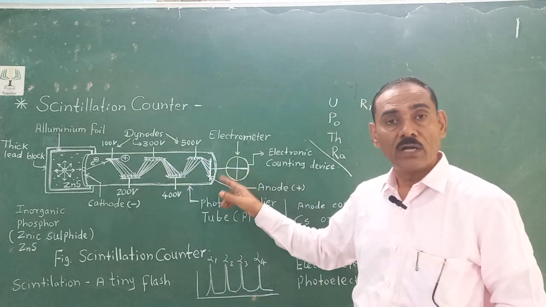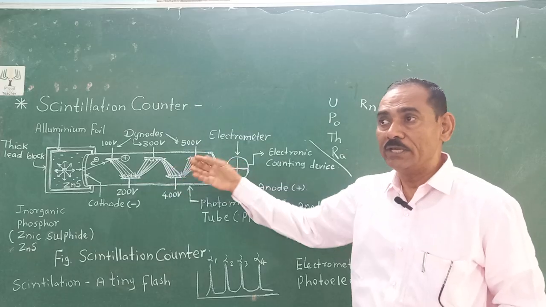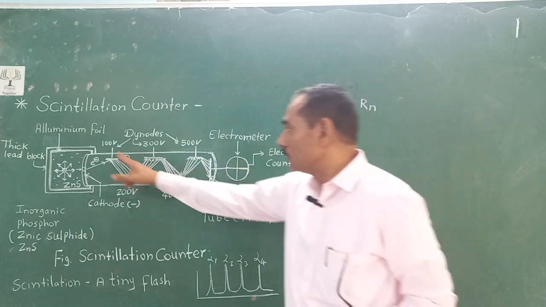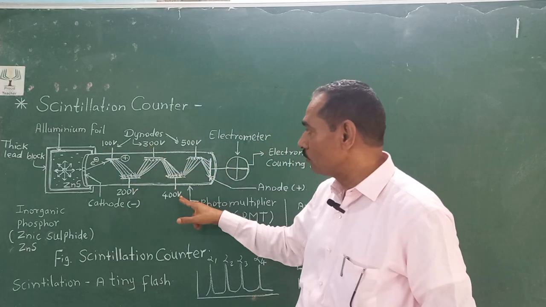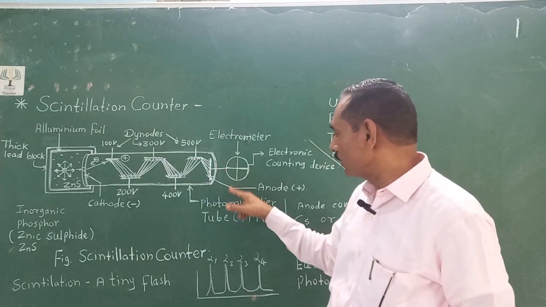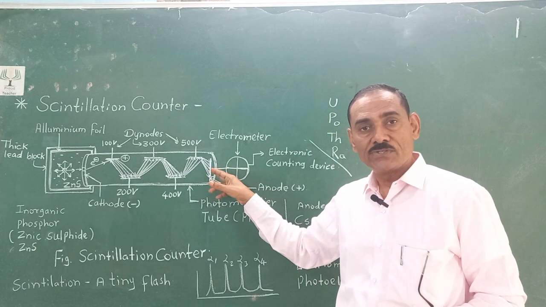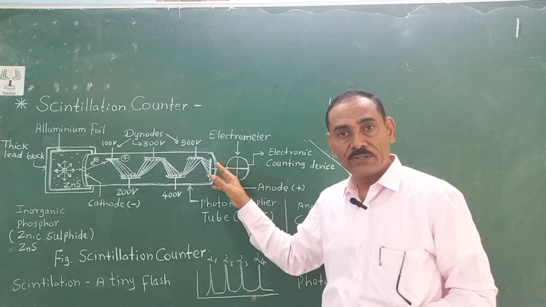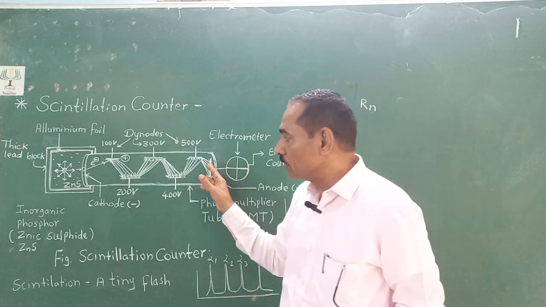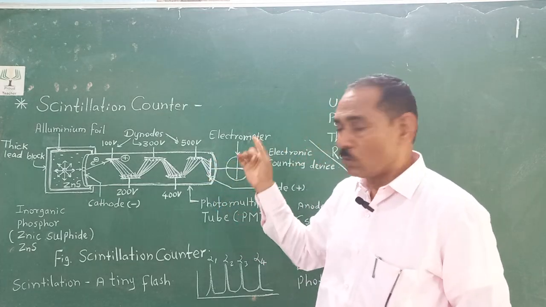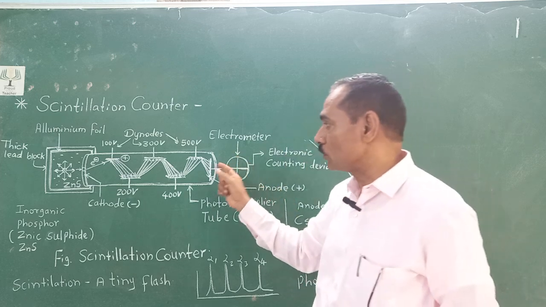In this way, voltage is applied in increasing order: 100, 200, 300, 400, 500, and finally all the electrons are gathered here in the form of a shower. See how the shower of electrons is produced.